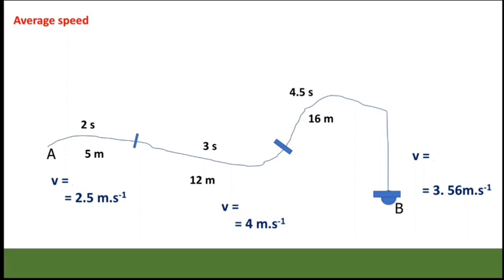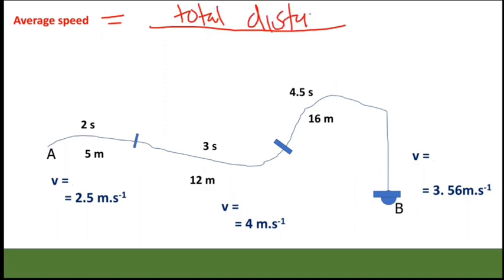So the average speed will be equal to the total distance traveled for the entire journey divided by the total time for the entire journey. So when you speak of average, we're looking at the entire journey.